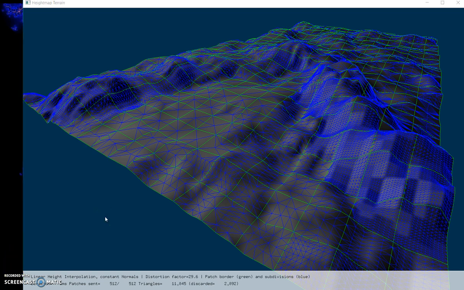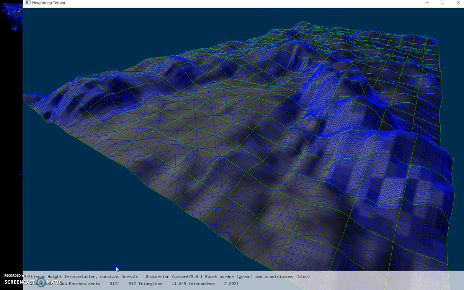Let's consider now the quality or smoothness level of representation. The default mode is linear interpolation for the height and constant normal, which means that the normal is constant over a zone.